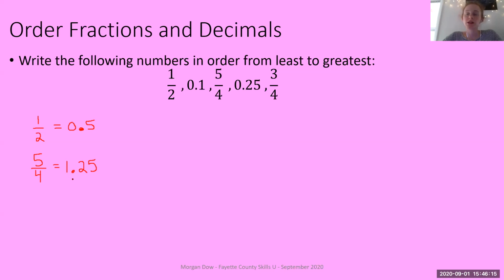And that should also make sense because if you think about how many quarters, how many fourths there are in one whole, there's 4 fourths in one whole, but we're talking about 5 fourths. So that's a little bit more than one whole. So we would expect our answer to be 1 point something.